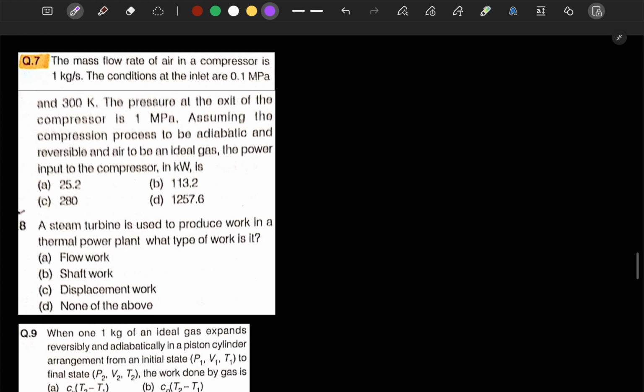Next, the mass flow rate of the air in a compressor is 1 kg per second. So there is a compressor, let's make a compressor. It is mentioned that the mass flow rate is 1 kg per second. Let's say this is the inlet and this is the outlet.